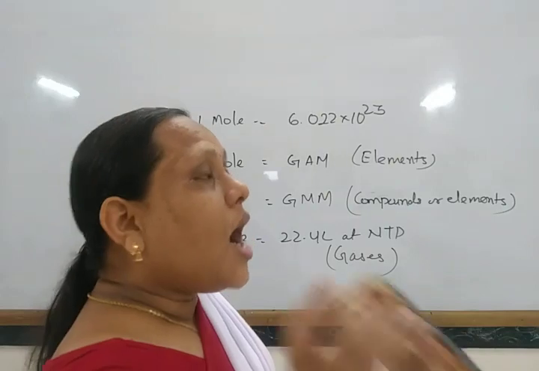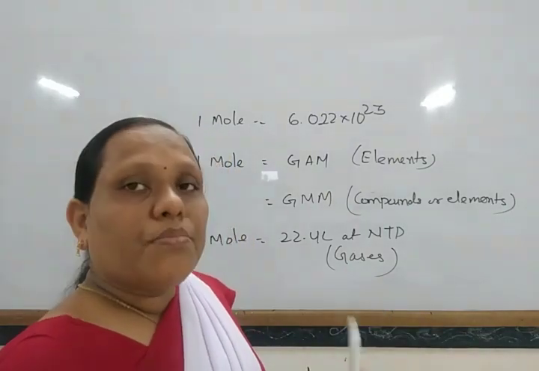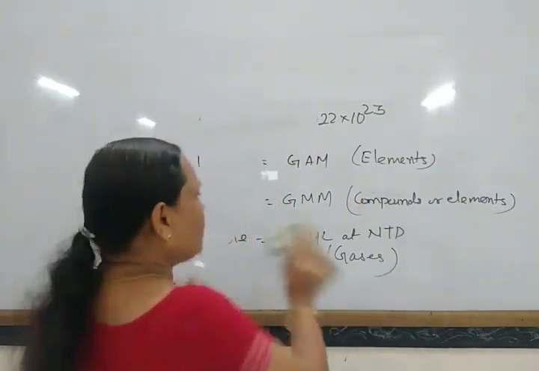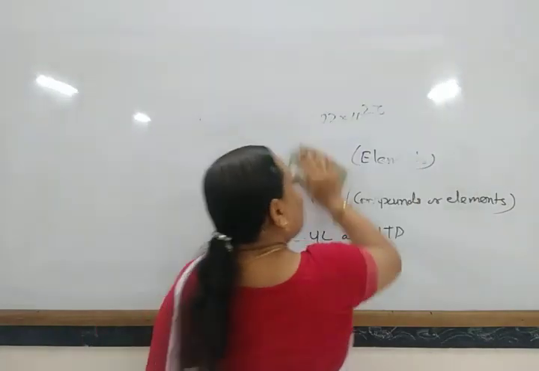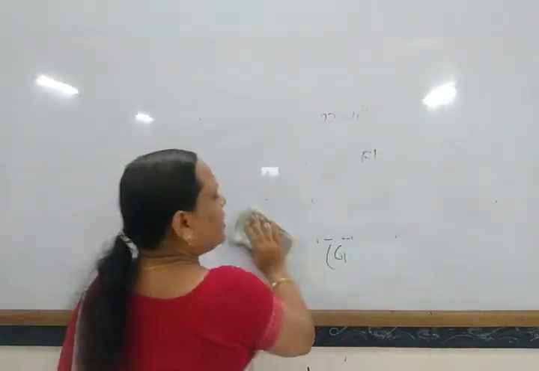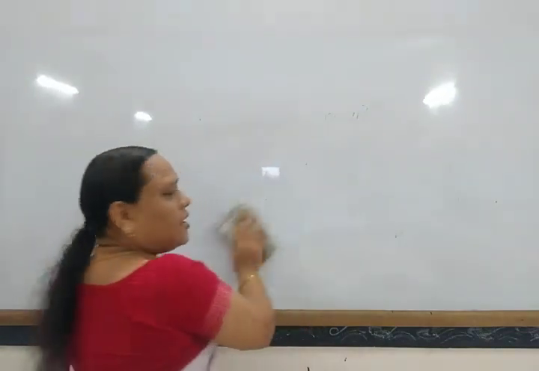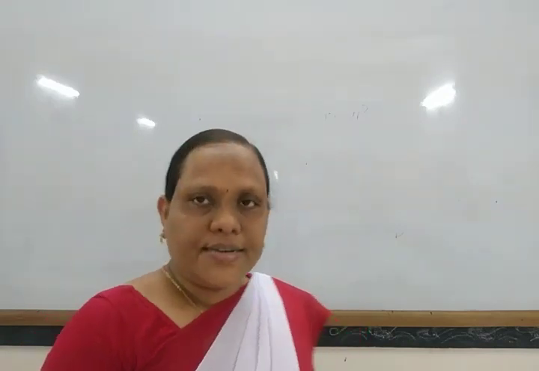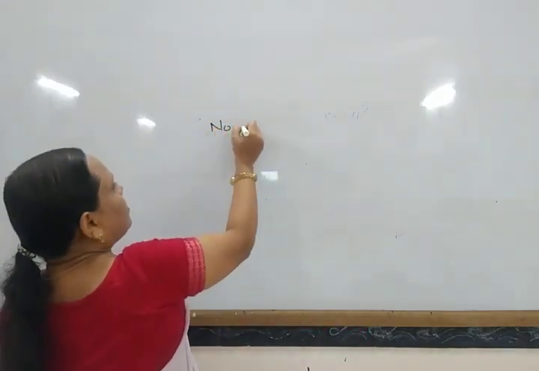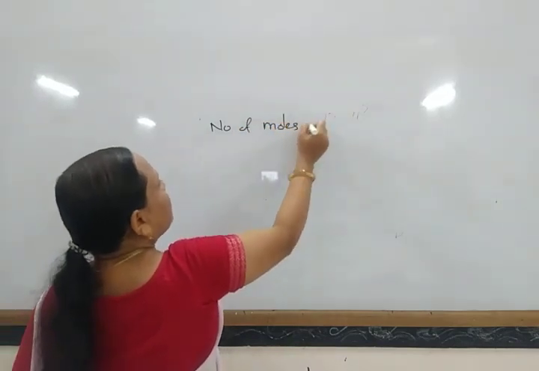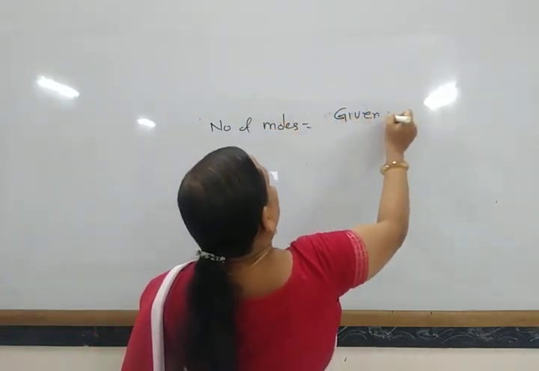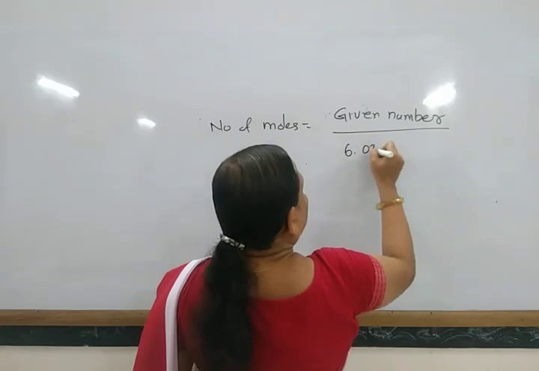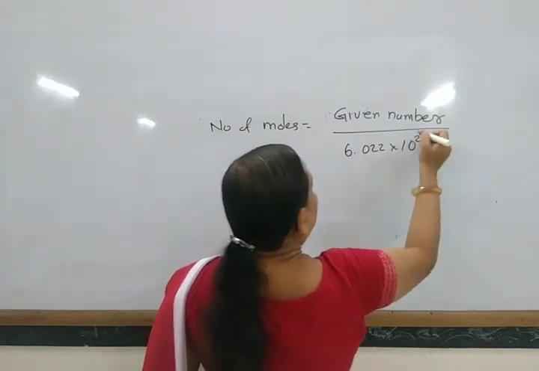Next, how to determine the number of moles present. We can determine the number of moles if the number is given, or if the mass is given, or if the volume of a gas is given. Number of moles is equal to given number divided by 6.022 × 10^23.